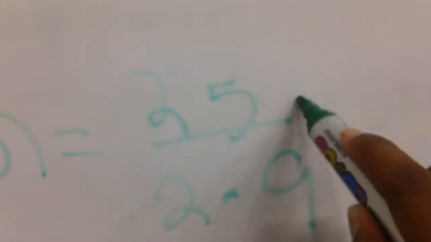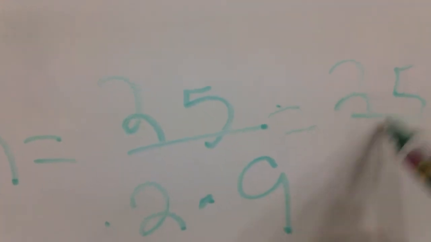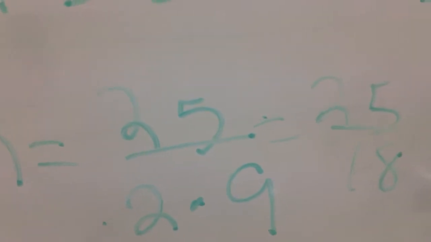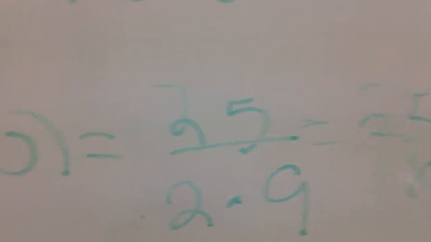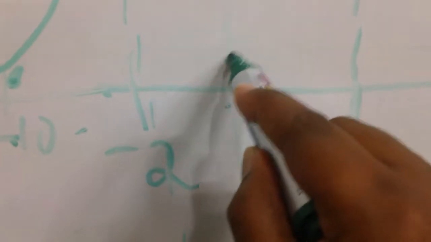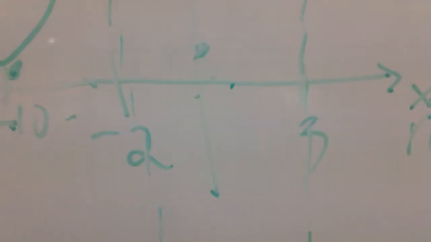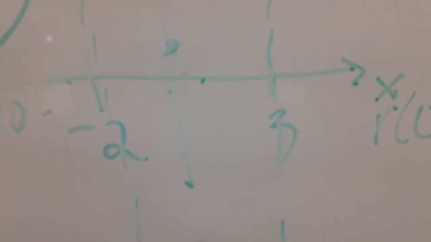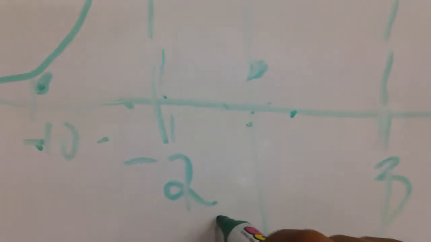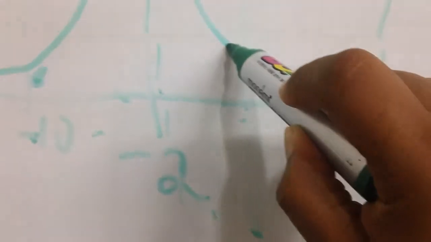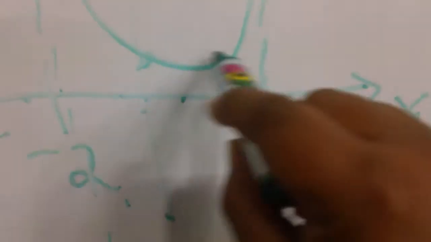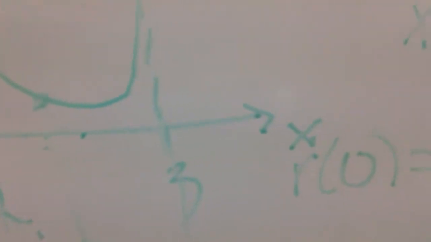So that number is 25 over 18, which is a little bit over 1, but less than 2, so it's somewhere right here. And because I have an asymptote, I know I can't be down here, so I have to do something like this, but then it has to do something like this as well, because it can't go down, it has to go up.